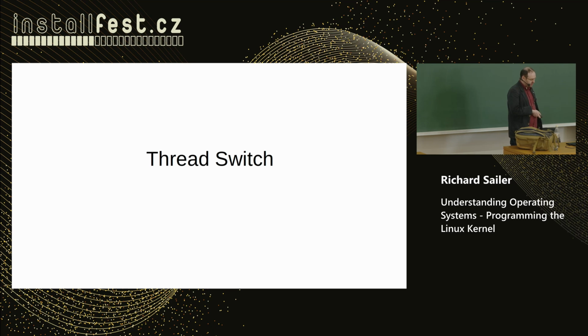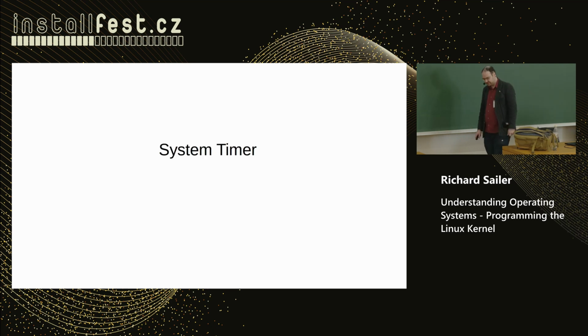Next I have a specific piece of hardware: a system timer. It is different from the real-time clock that I showed you before. This is something you can configure at boot, like how often it should send a little tick, tick, tick, tick to your operating system.